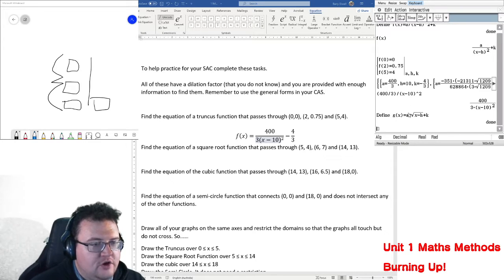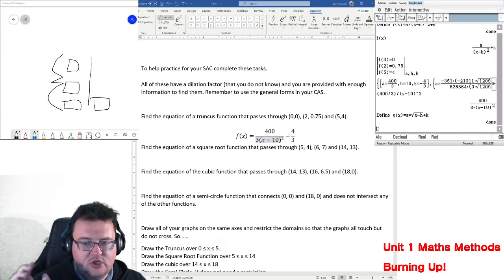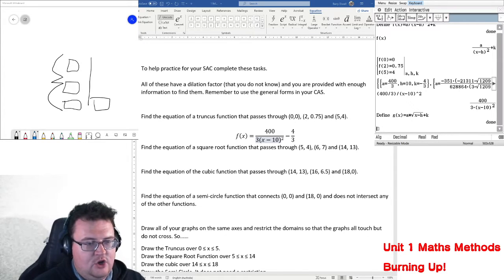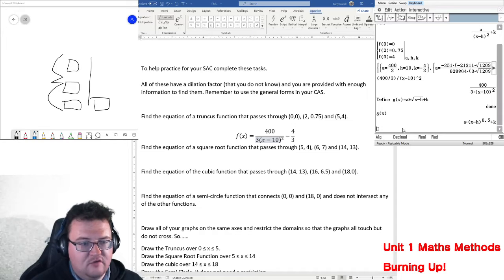Whenever you're typing a anything, you need to make sure that you are putting the times symbol in, because otherwise the CAS will get confused and not know how to solve it. So now that we've defined g of x, let's check to make sure that it works. Yep, that's correct. Remember that the square root of something is to the power of 0.5 or a half.